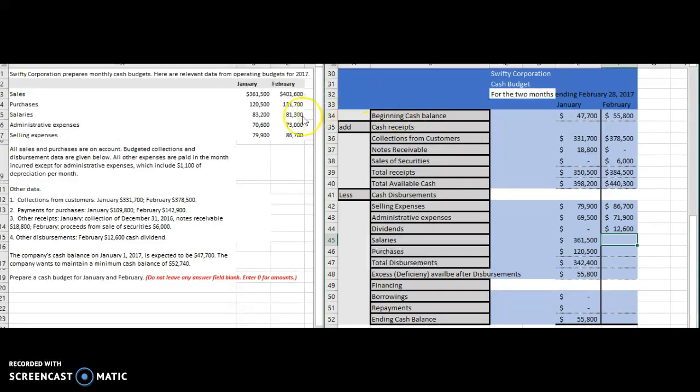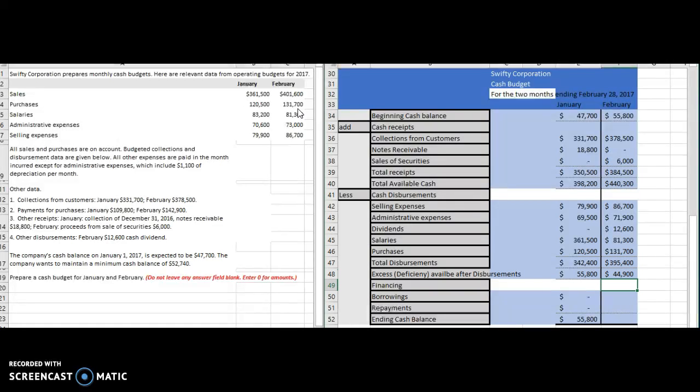The salaries for February was $81,300, and our purchases was $131,700. Add those up, and your total disbursements comes to $395,400.